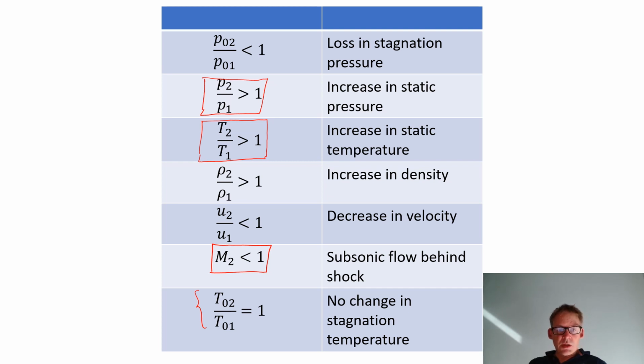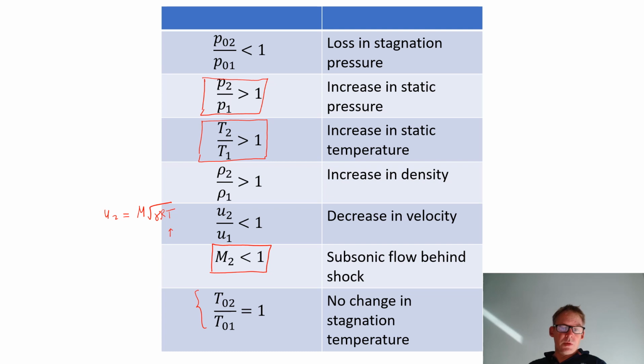The more complicated one is what's happening to velocity, decreasing after the shock, and the reason why it's not that straightforward is because velocity is less intuitive. The velocity is essentially the Mach number times the speed of sound, which is the square root of gamma RT.